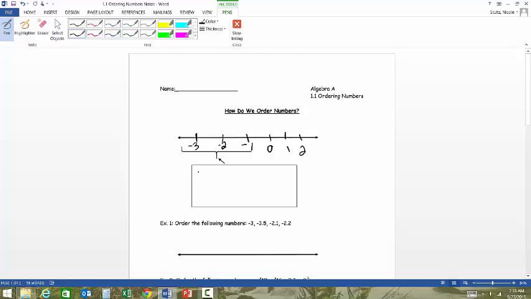We are going to make a note when numbers are negative, what we would think the bigger numbers are, they are actually smaller.